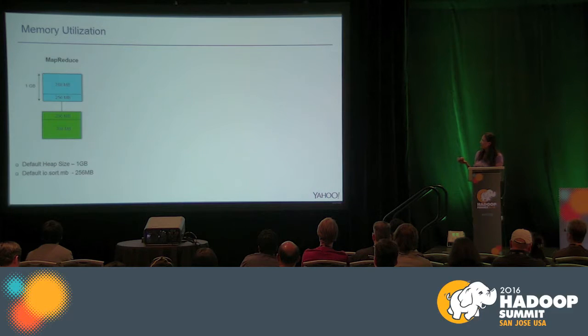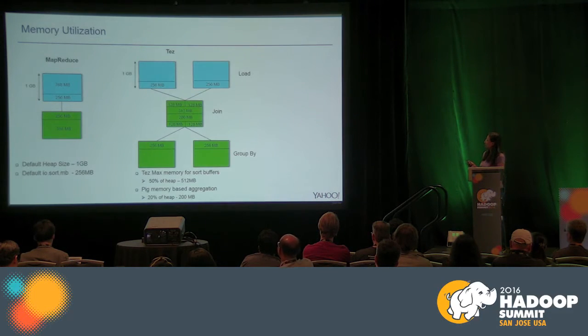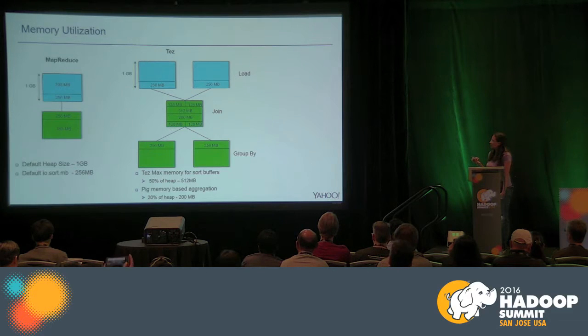This is a 1 GB heap size that we generally have and a 256 MB sort buffer, which is our default configuration. That leaves about 700 MB for the applications to use. In a Tez scenario, you have multiple inputs and outputs, in this case 2 inputs and 2 outputs. With just that amount of memory, it's not going to work. If we had to divide the 256 MB by 4, it's not going to work.